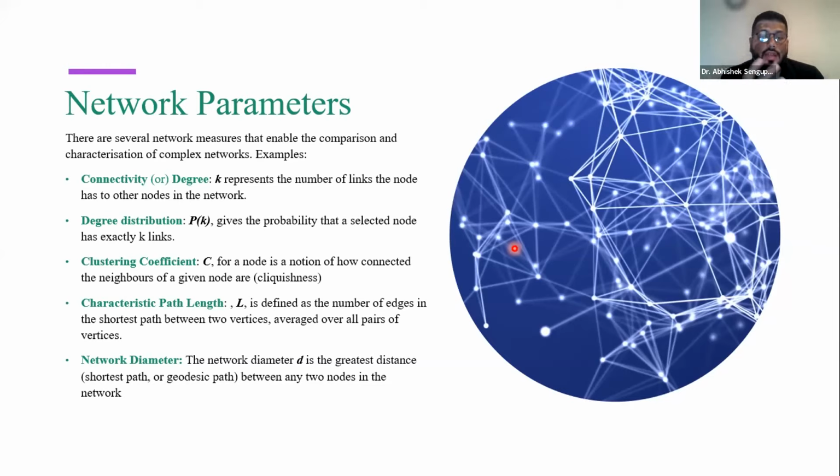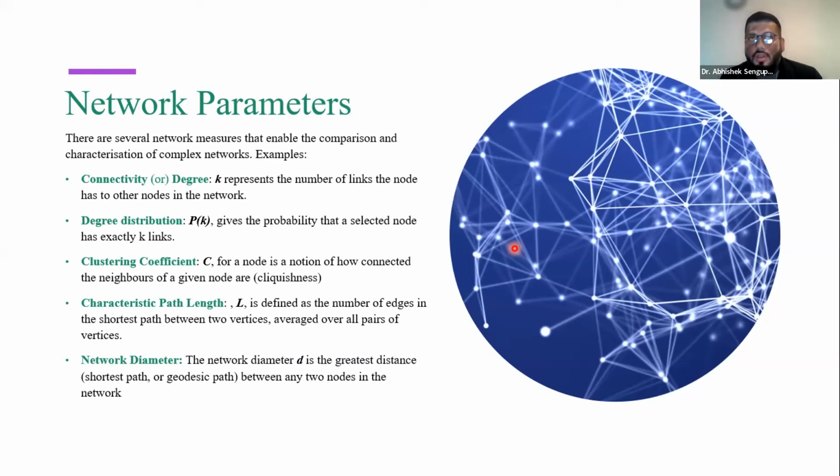Now, the first one is connectivity or degree. We call it how well a network is connected. It's not just connecting the dots. Every connection and every dot, and how they are placed in the network, has a meaning. You may think that network biology is just going to the STRING database or another interaction database, or going to Cytoscape and joining those dots.